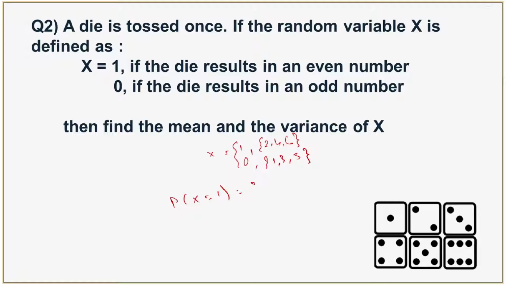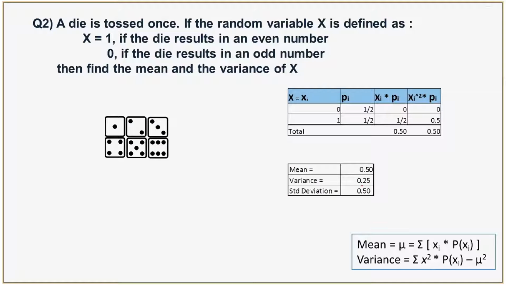That is 3 outcomes, 2, 4, 6 out of 6, which will be 1 by 2. Similarly, the probability for x equal to 0 will also be 1 by 2. So you'll have the probability distribution table ready for you. X can take values 0 and 1, and the corresponding pi will be 1 by 2 and 1 by 2. Okay, so moving on.